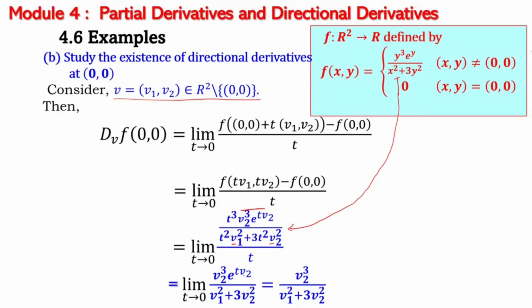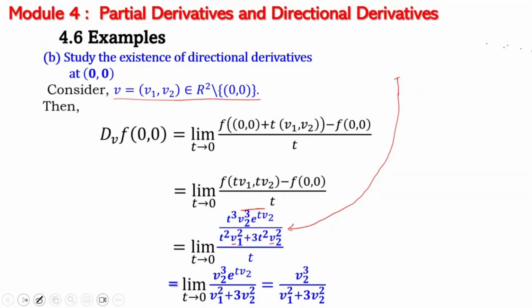Since it is e to the power t v2, when t tends to 0 this will be 1. Therefore you get the limit v2 to the power 3 over v1 squared plus 3 v2 squared. Since v1 and v2 together cannot both be 0, this limit exists and we have the directional derivative.